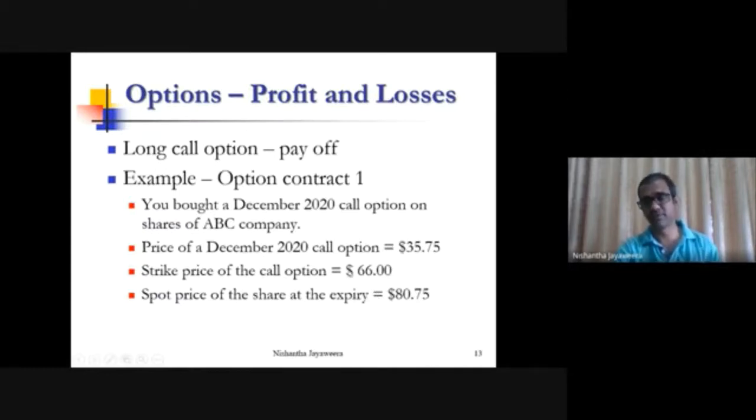Is it correct? You get the cash flow equal to this difference. If we put those differences in a graph at different spot prices on the expiry date, what would happen?